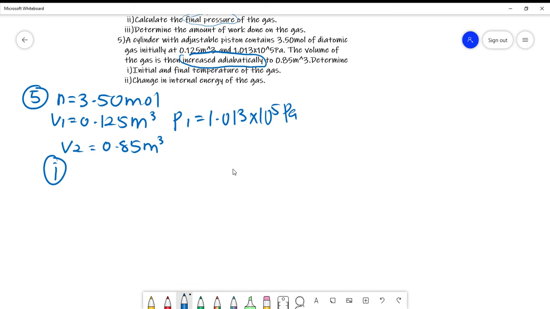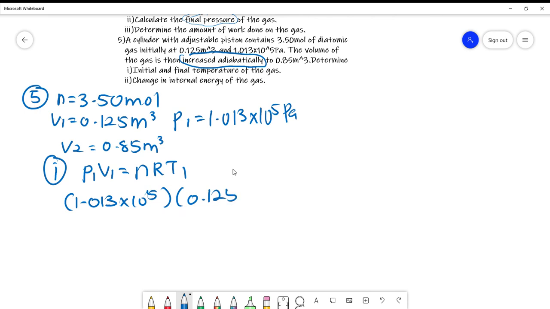So we have P, we have V. Basically, we can use the ideal gas equation, which is P1 V1 equals nR T1. So 1.013 times 10 to the power of 5, times 0.125. The mole is given, so we have 3.50. The gas constant is 8.31.